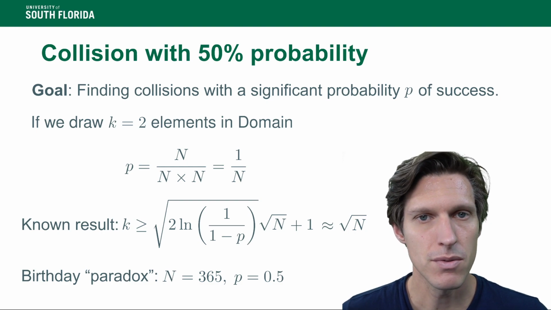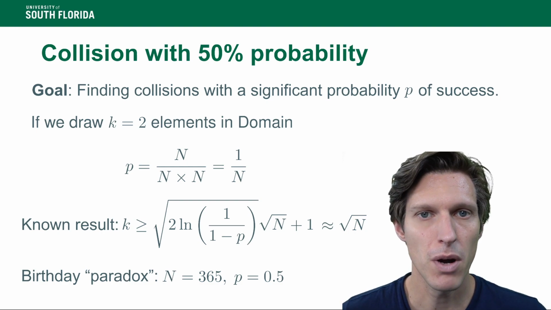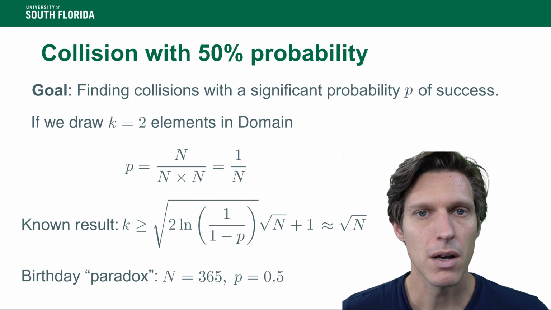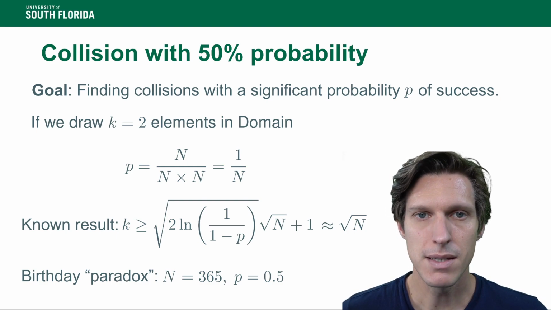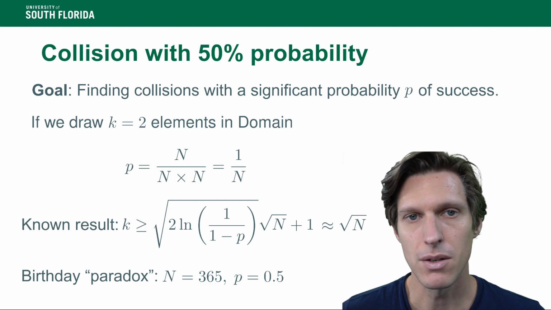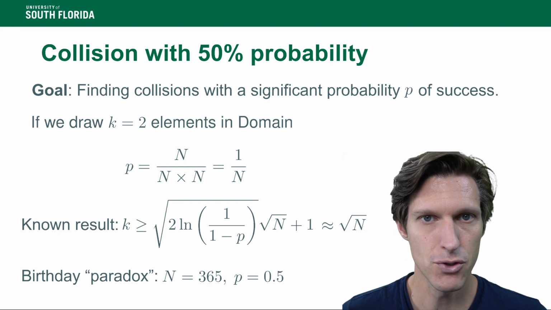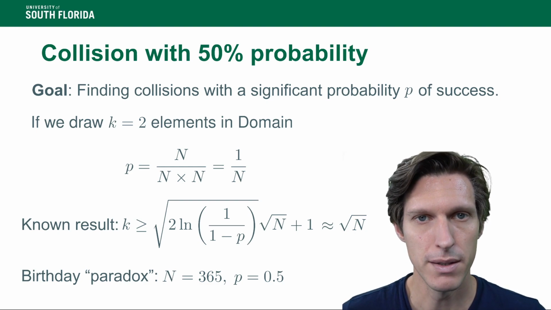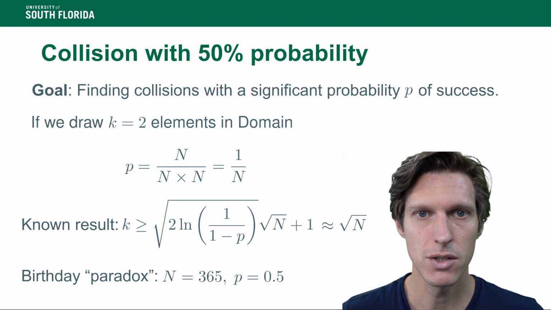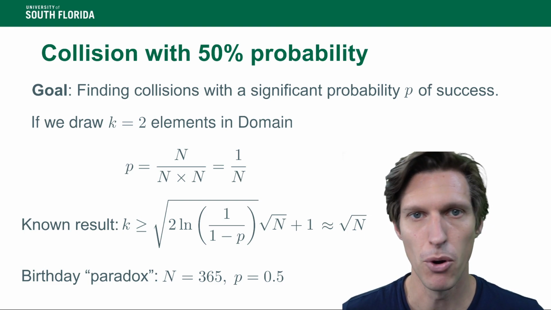And then a very traditional problem is: how many people do I need in the classroom? So let's say you have a classroom of students. How many students do I need in order to have a 50% chance that 2 students share the same birthday?